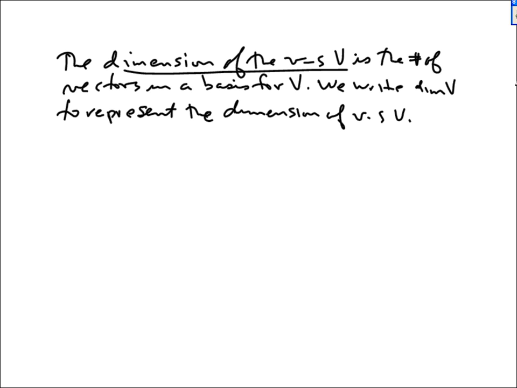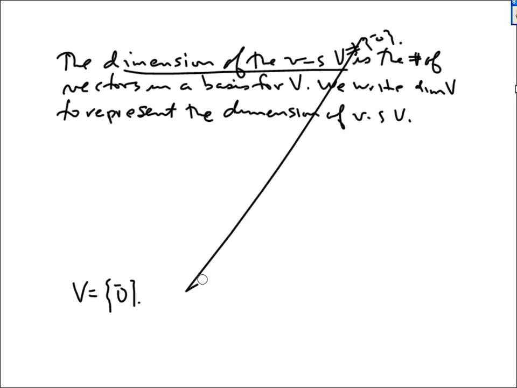Now, we know that V equaling the set that just has the zero vector is the basis. Oh, so I want to say that V is not just the zero vector. I also didn't want that line. So V above is not the zero vector.